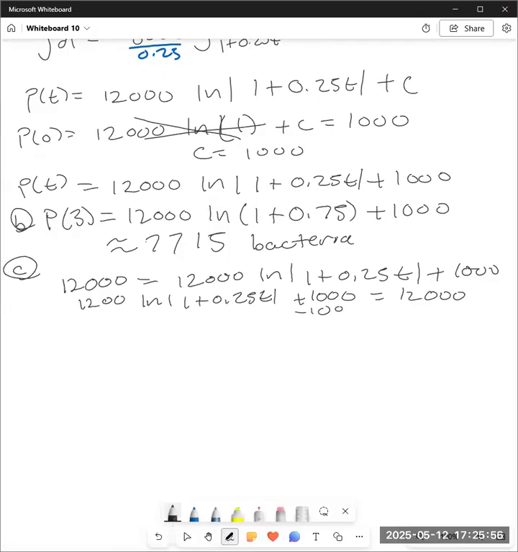Subtract 1,000 from both sides. 12,000 ln of absolute value 1 plus 0.25t is equal to 11,000. Now we're going to divide by 12,000.